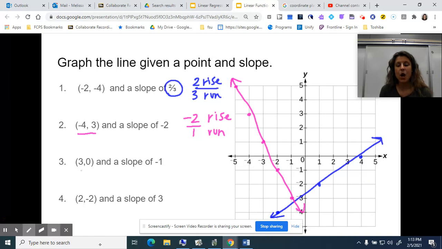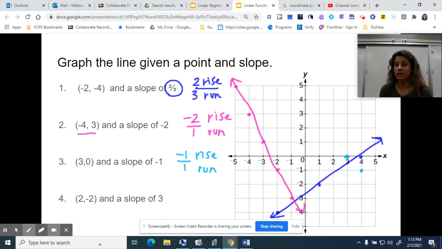Okay, so the next one, we have a point at (3, 0). So 3, 0 would be to the right 3. We do not move up or down at all because the y value is 0. We have a slope of -1. Again, I'm going to stick that over 1 to make it a fraction. So my rise is -1 and my run is +1. So a rise of -1 means we move down 1 to the right +1.